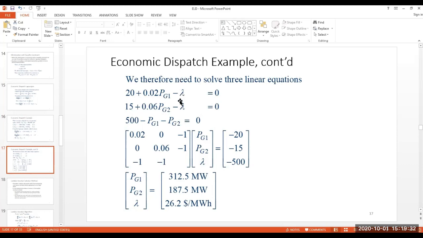There's a lambda with a minus sign, so it's -1, and so on. Remember you have to take this 500 to the other side. So this is the matrix here, filled up with the constant values. Then you simply take the inverse of this, take it to the other side, and you get the result. Any question up to now?